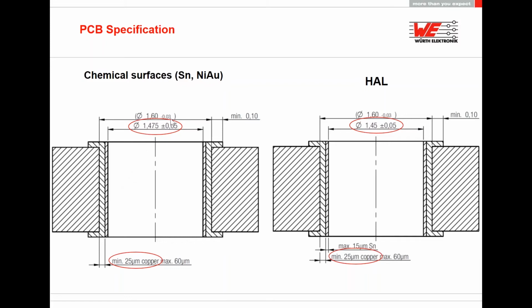So that's why we suggest to drill with 1.6, and then we hope that the PCB manufacturer will plate 30 or 40 microns into the via to get the best results during the press fit process. But the minimum value is 25 microns of copper.